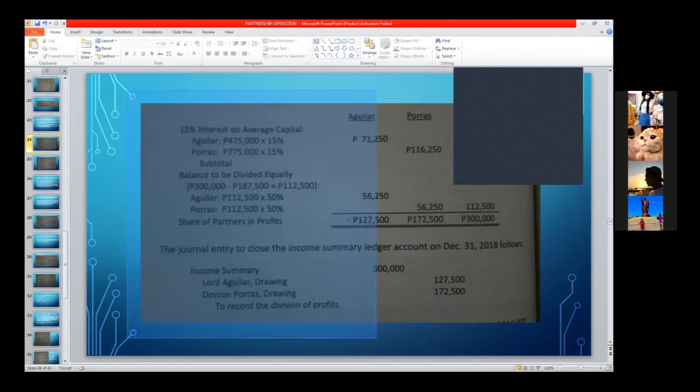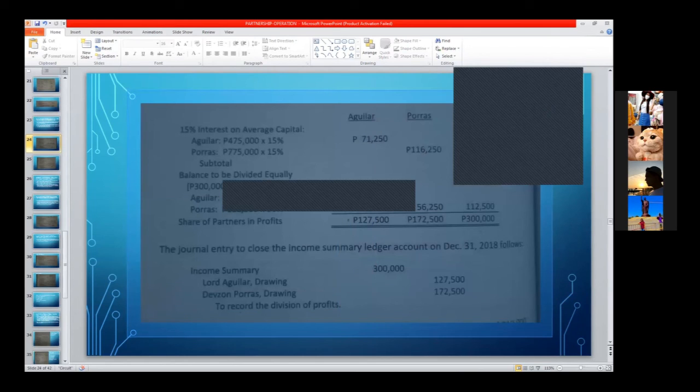Yung topic nyo ngayon na tinuturo sa inyo, pahapyaw pa lang. So wala pa kayo sa corporation. You see? So problems tayo, magpo-problem solving tayo dito next meeting.